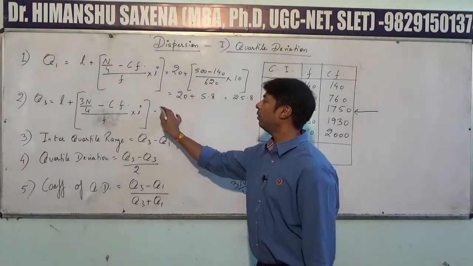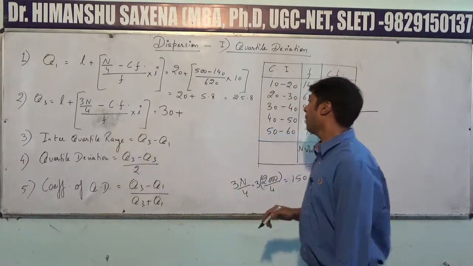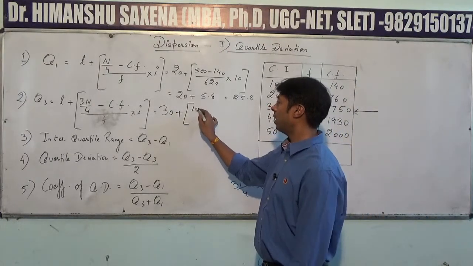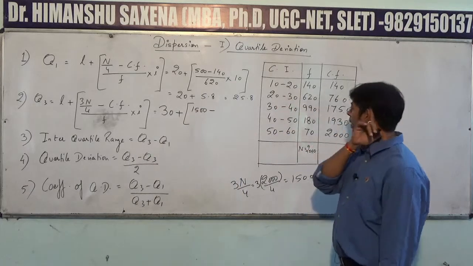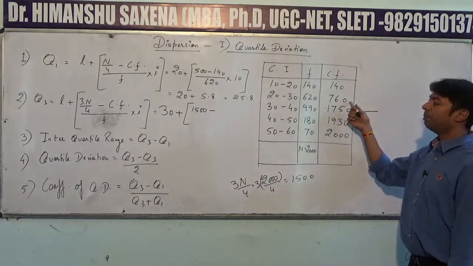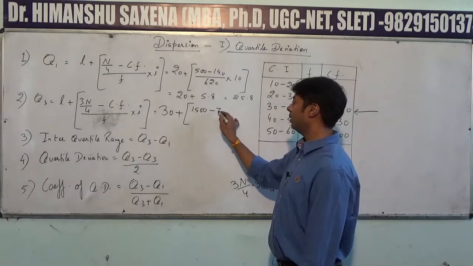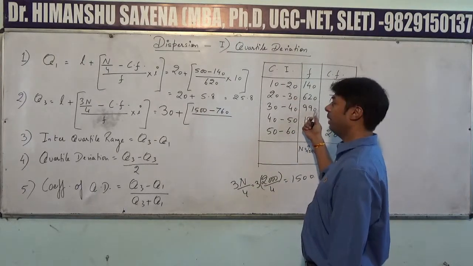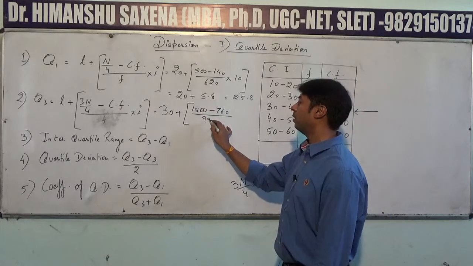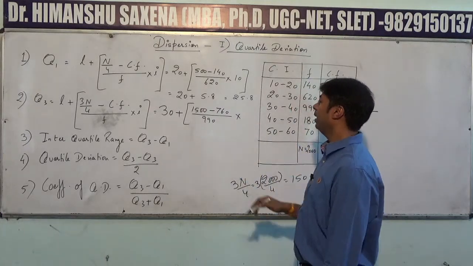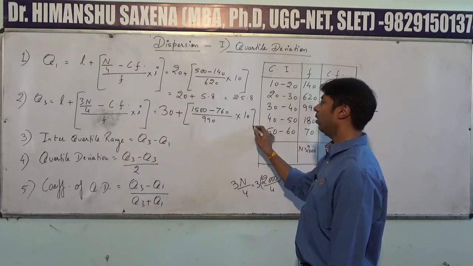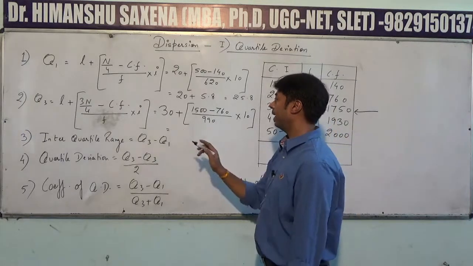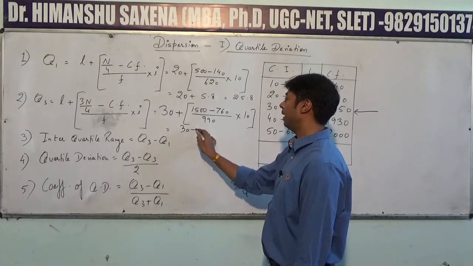The lower limit of this is 30 plus 3n by 4, that is 1500, minus CF of the previous class interval, upon frequency of the selected class interval, that is 990, into class interval, that is 10 points. So solve it and tell me the final value.